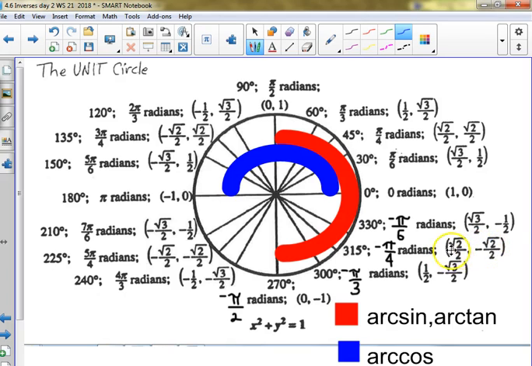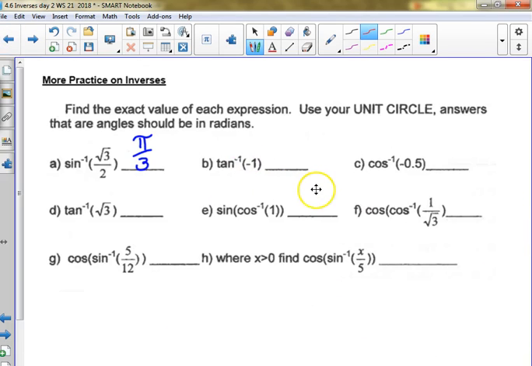Y over x would be -1, yes? What would this tangent be down here if I put the y over the x? This would be negative square root of 3 over 1, right? This would be -1. This would be -1 over square root of 3, which would rationalize. Okay, so what's the answer to this question? Yes, negative pi over 4.